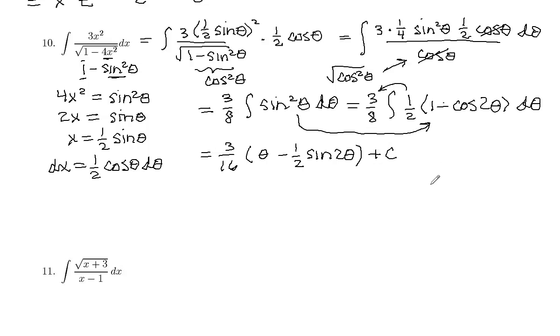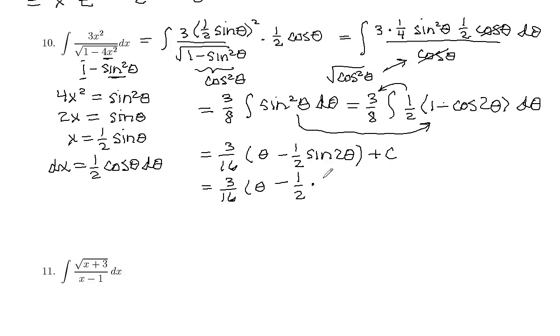So we've integrated everything. Now we need to change it back to our original variable, which was x. And that's where we're going to use the triangle. But first, let's sub out this sine 2 theta, do a double angle identity. So we got this 3/16 out in front, and then theta, and then minus 1/2, and then sine of 2 theta.